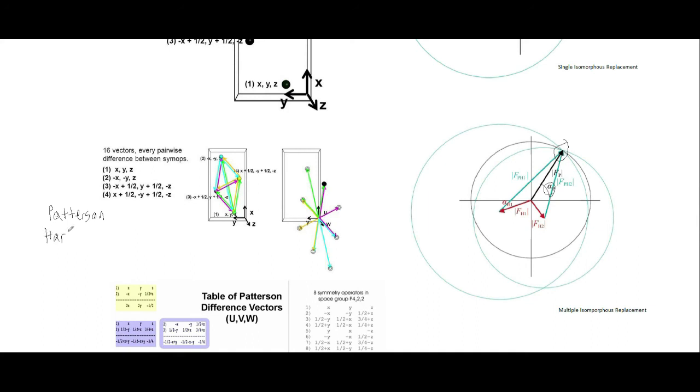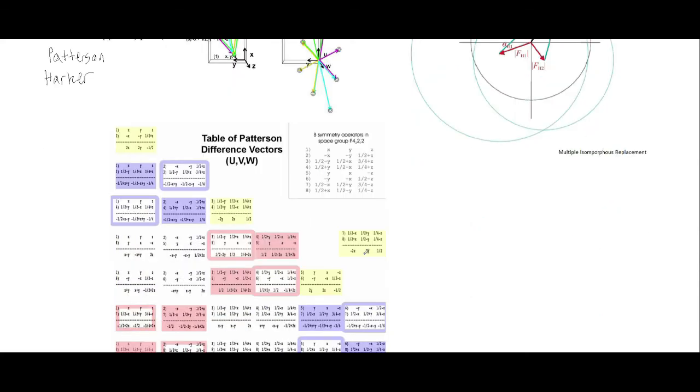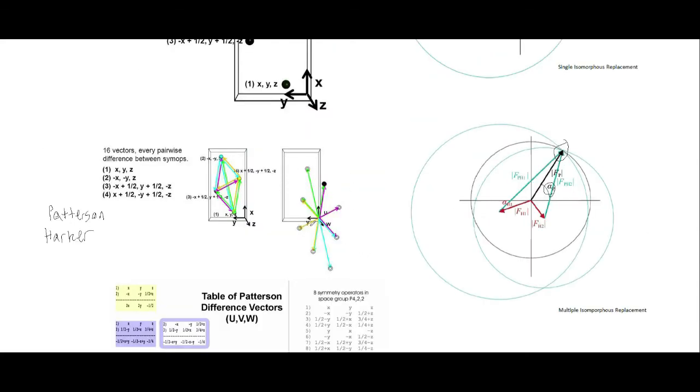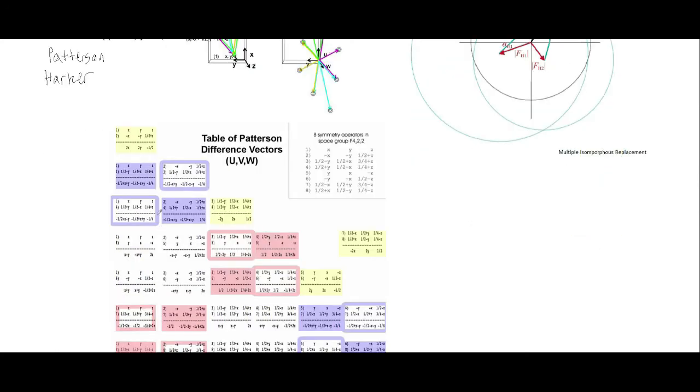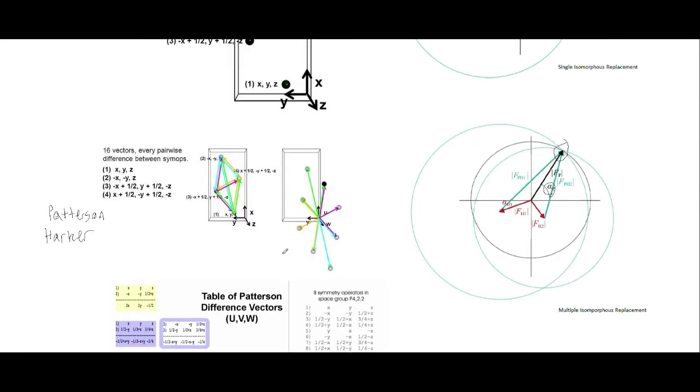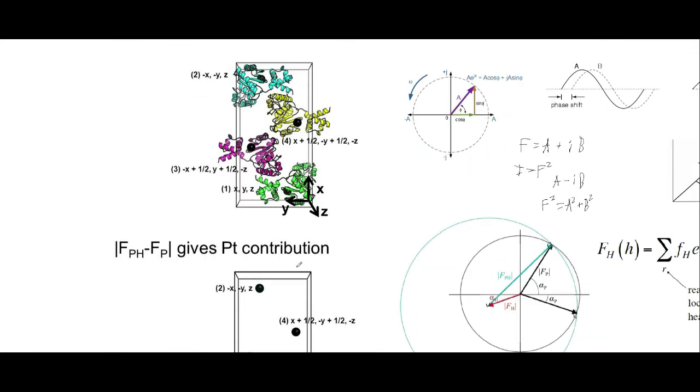And once again, this just goes down a huge rabbit hole of abstract mathematical ideas of taking your Fourier transform without the phase data, and then you can use the different Patterson maps to get the vectors, and that will give you the placement of your heavy atoms in the crystal.